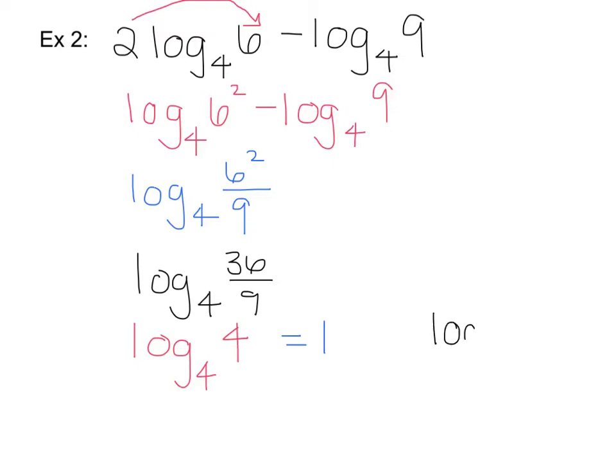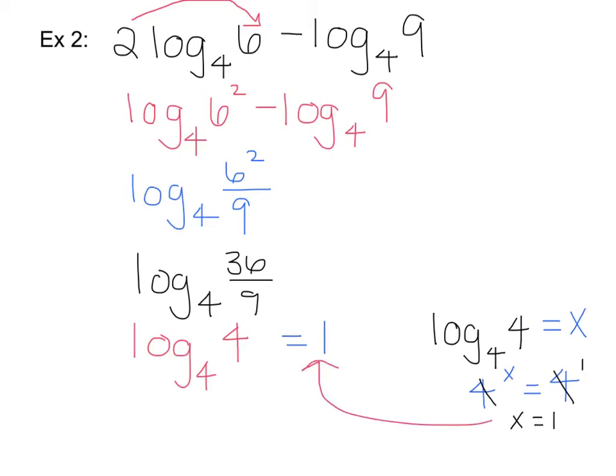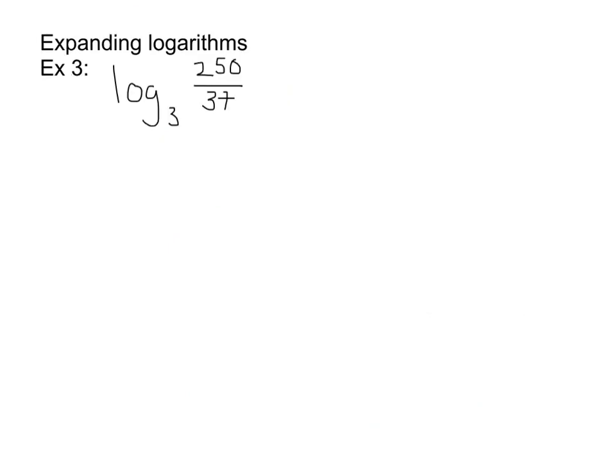If I gave you the log base 4 of 4 and I asked you to evaluate it, you would set it equal to x and change it to exponential form. 4 to what power gives me 4, and you know that it's to the 1st power, which is how I got an answer of 1. You don't have to show me all of this over here. The only reason I wrote it is to explain why I got an answer of 1.